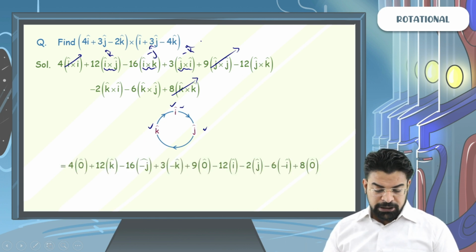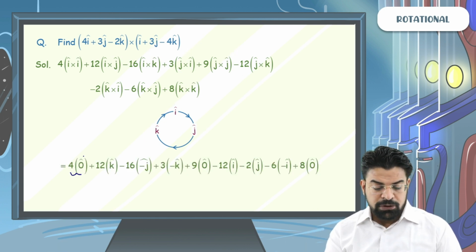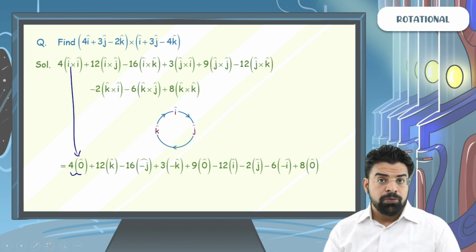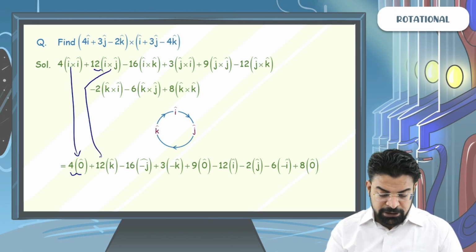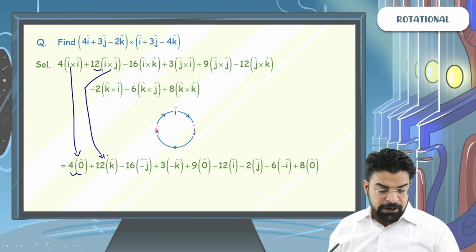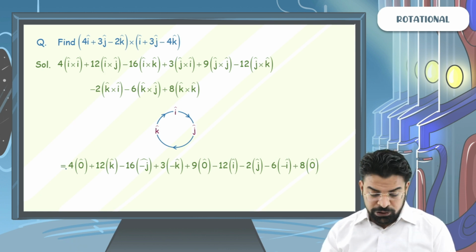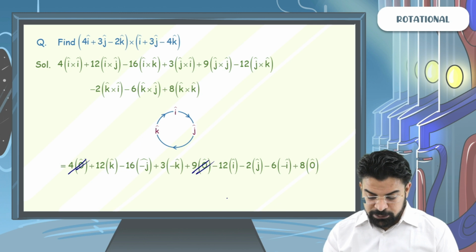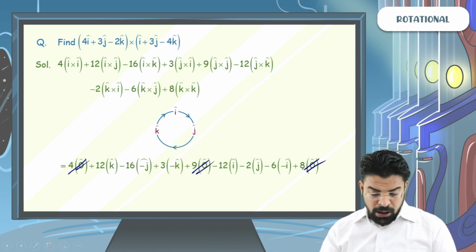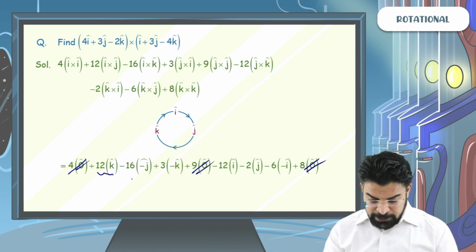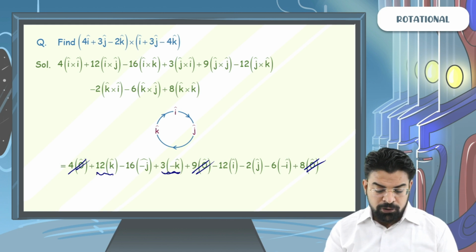Once you substitute them, you will get 4 times a null vector because i cross i is 0. 12 times i cross j gives you k, and you can substitute all the values. Once you have substituted, this term is 0, this term is 0, this term is 0. Now you have got 12k cap and here minus 3k cap. 12k cap minus 3k cap gives you 9k cap.